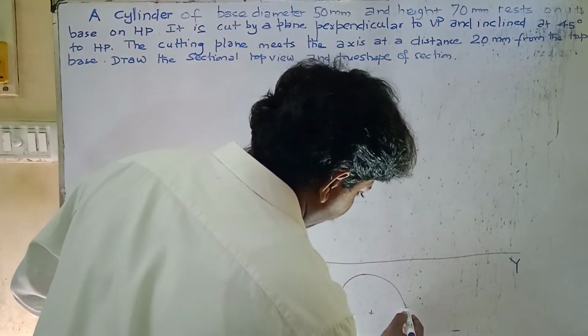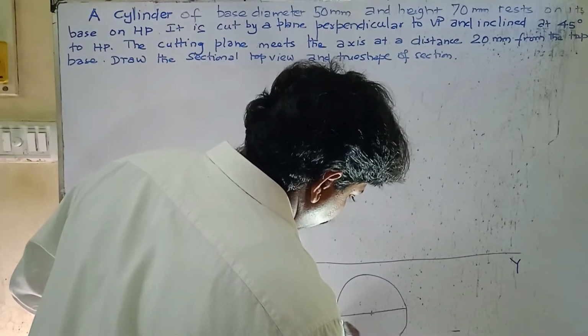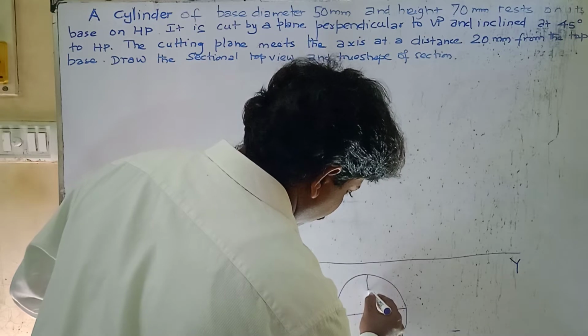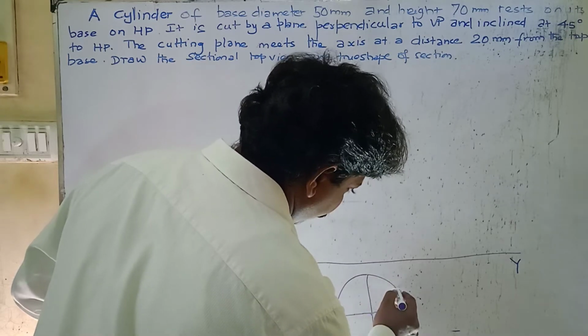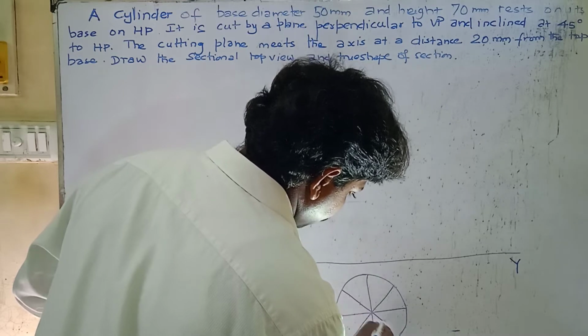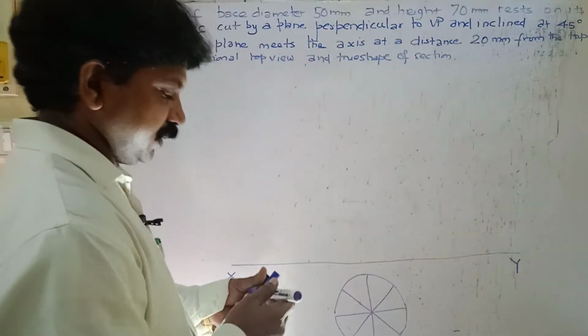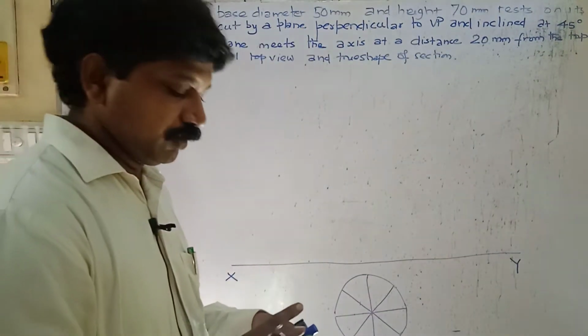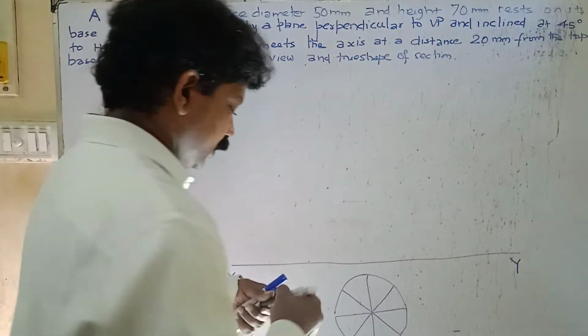Now draw the generators. Horizontal and vertical generators and 45 degree inclination. Totally 8 generators. Give the naming. Two bases are available.